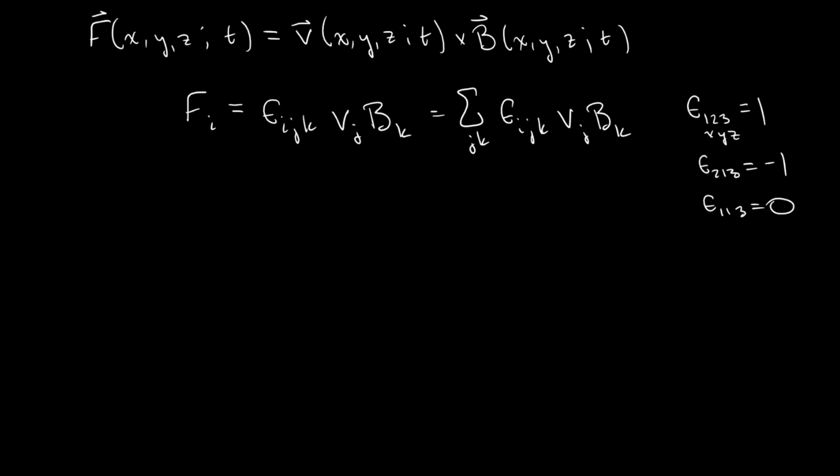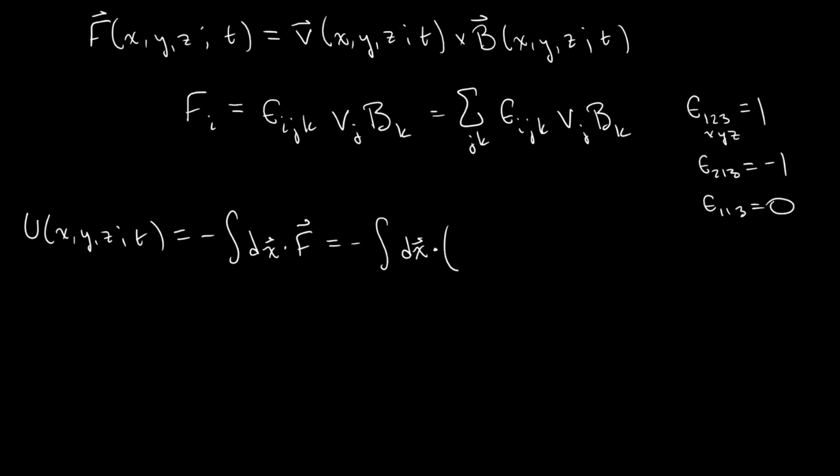But okay, in this case our potential energy again could look like this, and is just given by the integral of dx dot F, which is going to be equal to minus the integral. I can write this in a couple of ways: dx dot v cross b, or I could write this as minus epsilon_ijk integral dx_i v_j b_k. Okay, now let's use our trick of using the chain rule. Instead of using dx_i, actually I'll just look at the components.